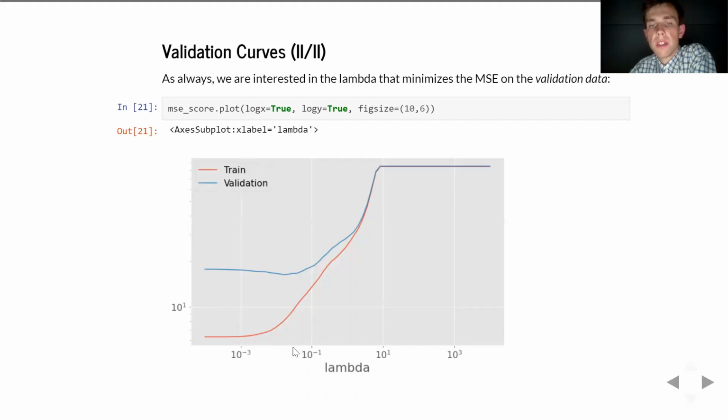So what we can see now when we increase our lambda, so we are penalizing high coefficients more, or to a larger degree penalizing coefficients that are different from zero, is that the mean square error on our validation data drops a bit, while the mean square error on our training data increases quite dramatically here. What we are essentially interested in is the lambda that obtains the lowest mean square error on our validation data. You can see that's probably around here, right?